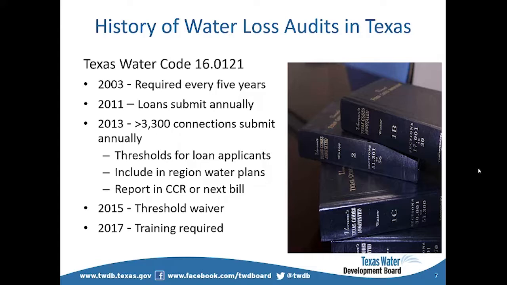It may take multiple years. It's a long process in many cases. So a waiver program was created for the thresholds. So if a utility is coming in for a loan, they're over the water loss threshold, but they already are doing something and they're showing that they're mitigating those losses, they can submit a waiver to us for that project or for that loan application.